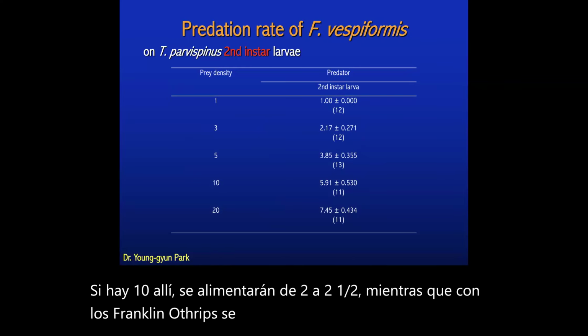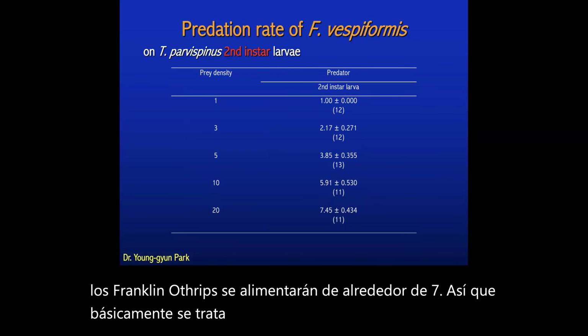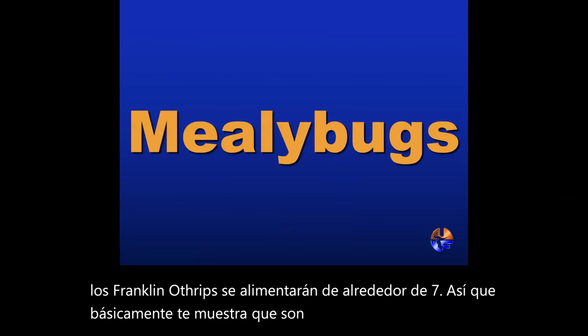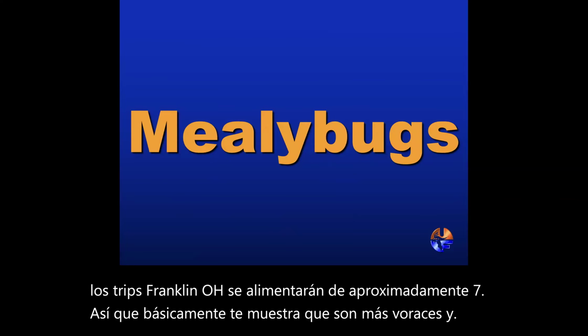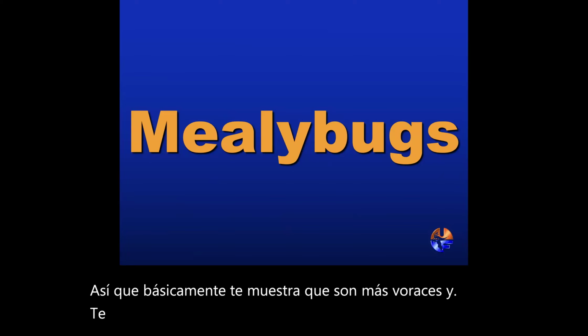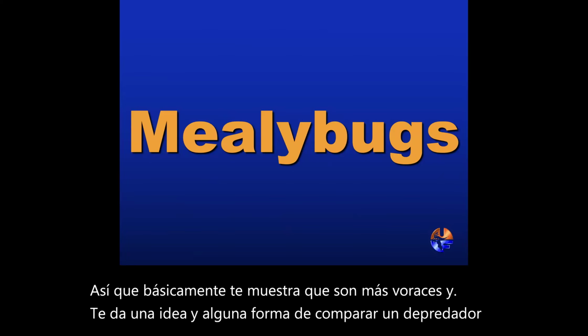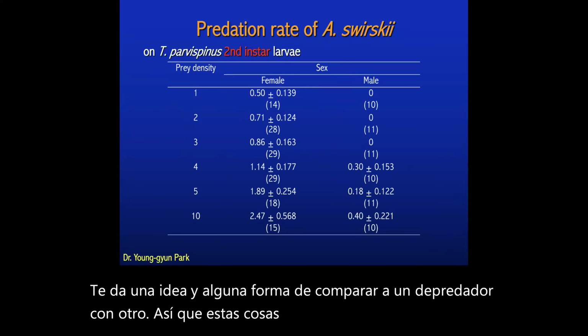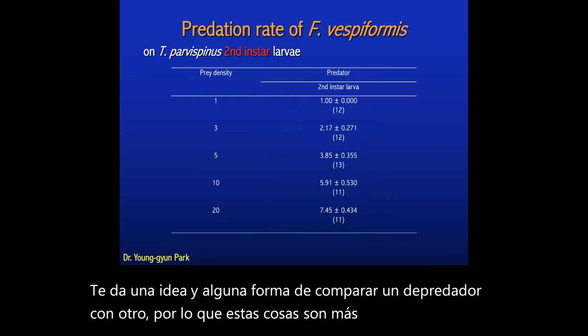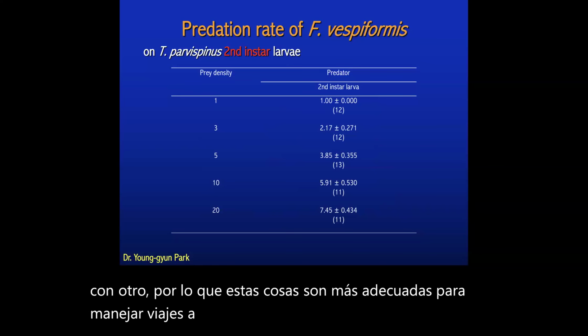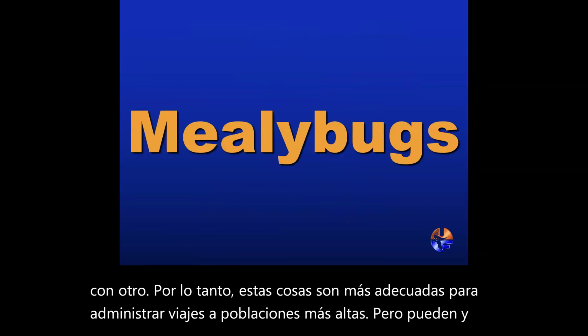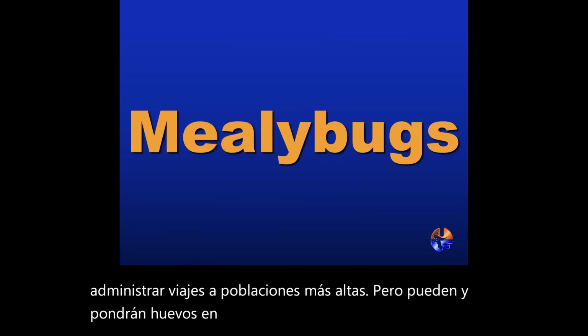So it's basically just showing you they're more voracious and gives you some way to compare one predator to another. So these are better suited for managing thrips at higher populations. But they can and will lay eggs if given just 1 or 2 thrips per day.